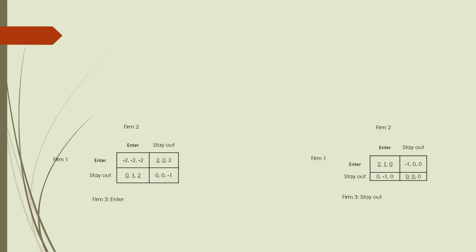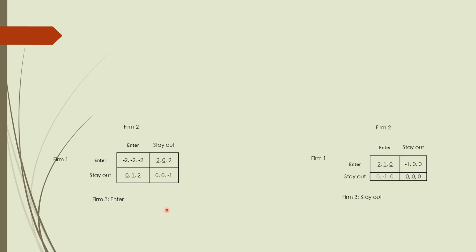Now suppose form 1 stays out, but form 2 enters. Then the outcome will occur at either of the bottom left cells. By comparing form 3's payoff in the two bottom left cells, we know that his choice is to get either 2 or 0.